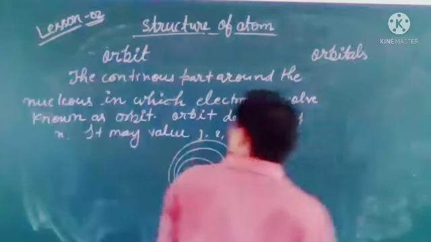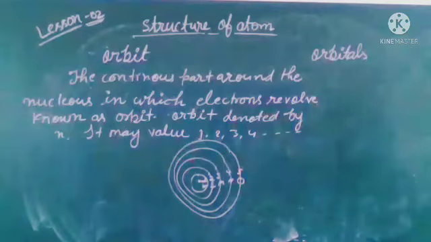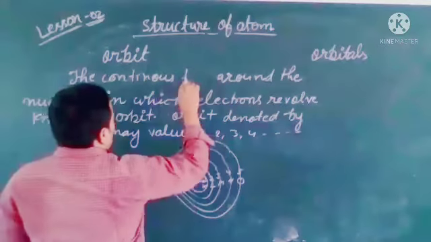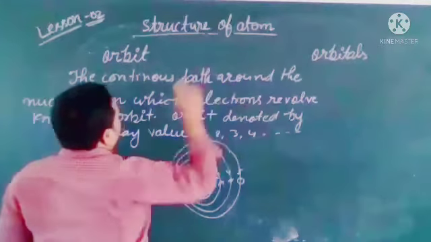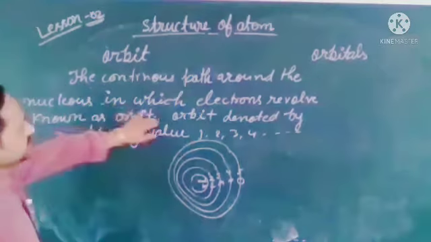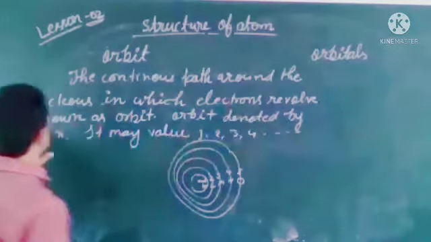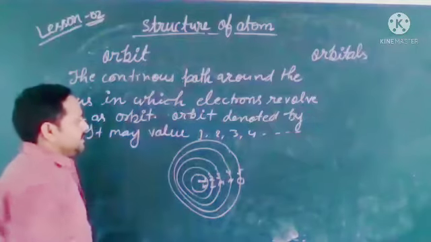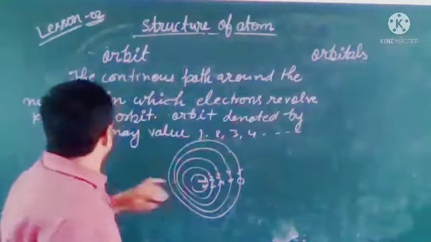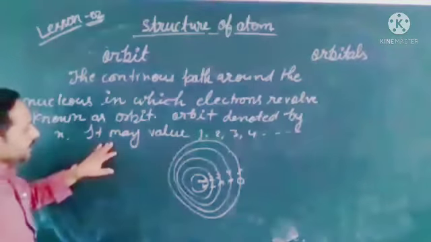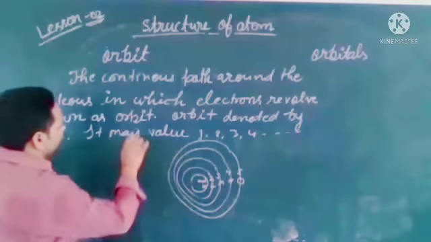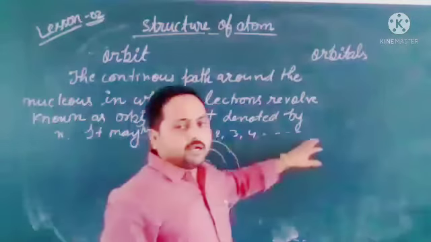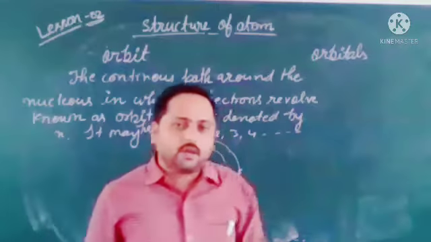One more time: the continuous path around the nucleus in which electrons revolve is known as orbit. Orbit is denoted by n. It may have values 1, 2, 3, 4, and so on, up to 7.